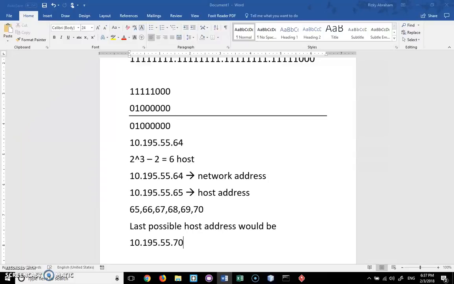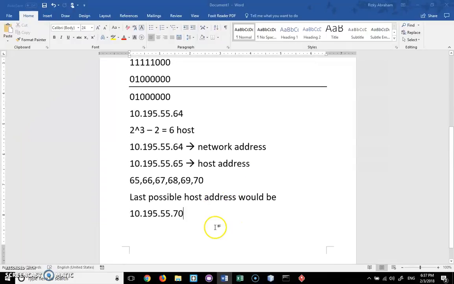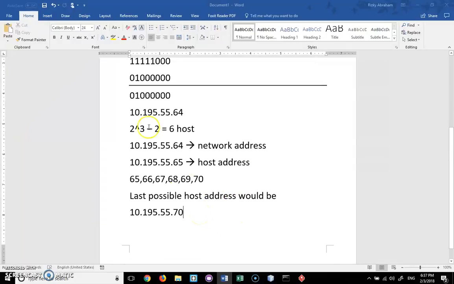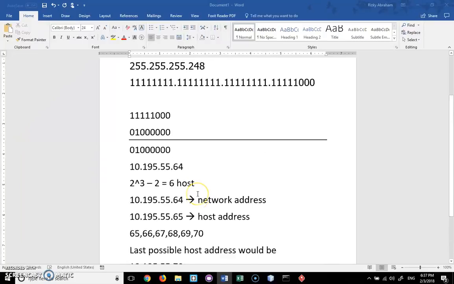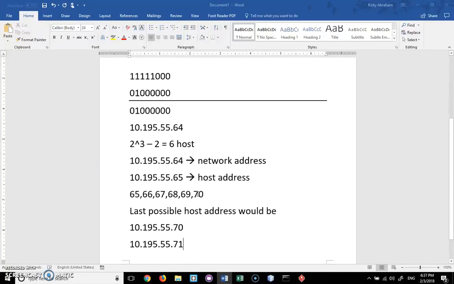But don't forget, in a subnet there would be at least one network address, which is this one, and then 6 host addresses, which are from 65 to 70, and the next one would be the broadcast address, which is 71. So I think that's it. Thank you.